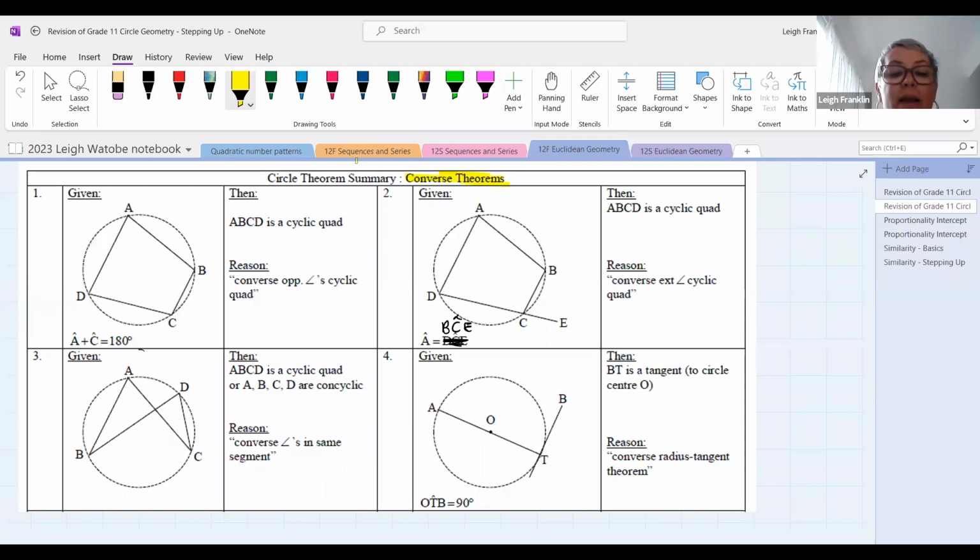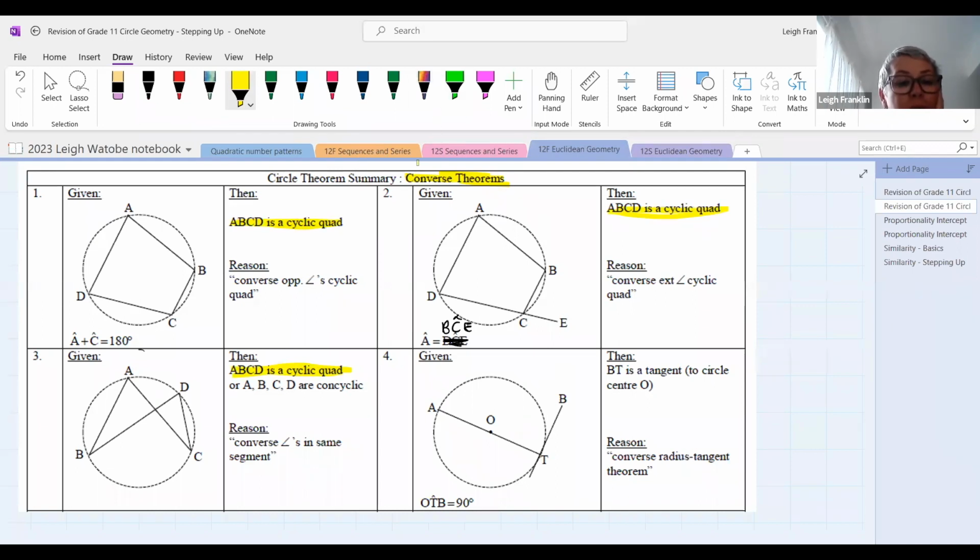And there's 3 ways in which this can be done. So we want to prove that ABC is a cyclic quad, and here we want to prove that it's a cyclic quad, and again here we are trying to prove that the quad is cyclic. These are the 3 different ways in which a quad is proved to be cyclic.